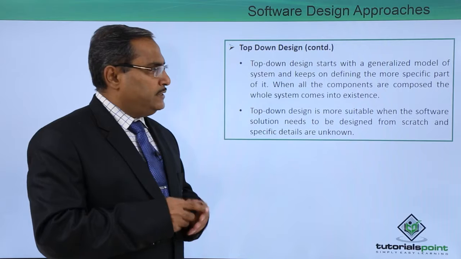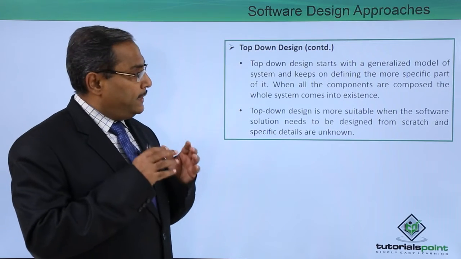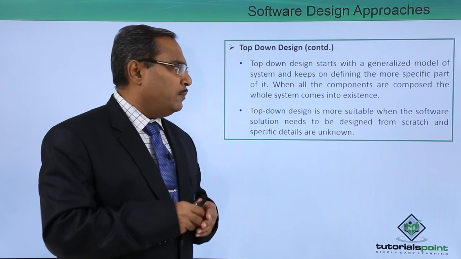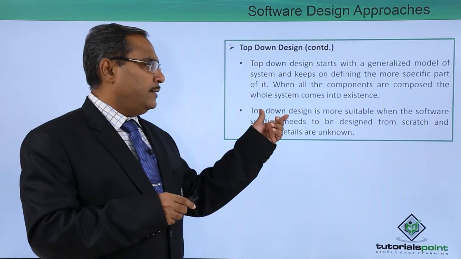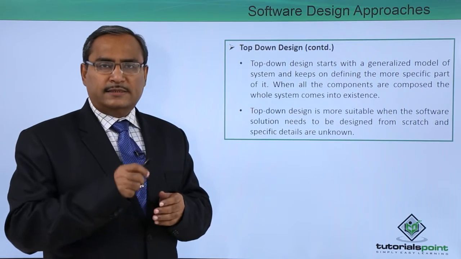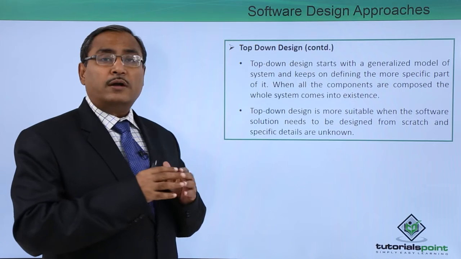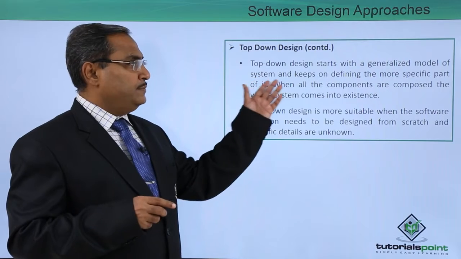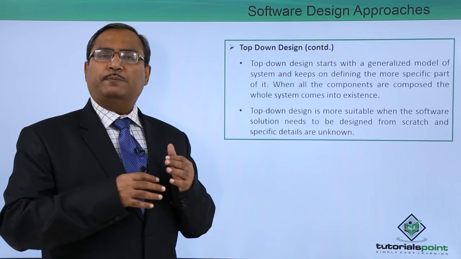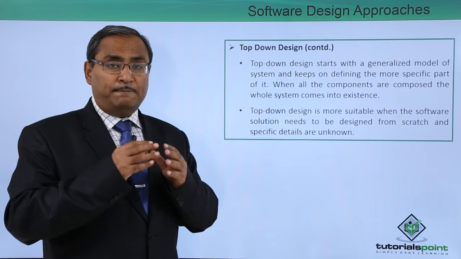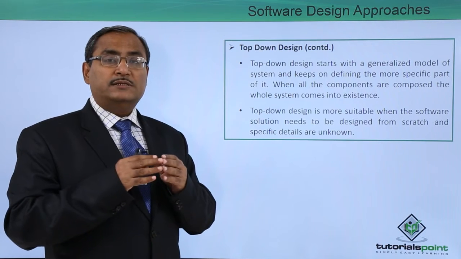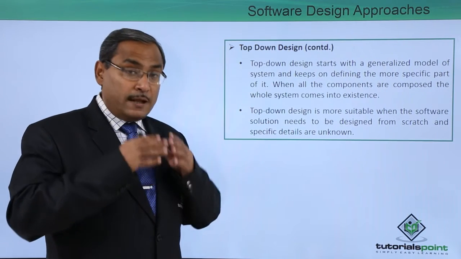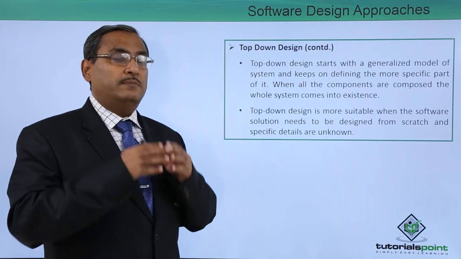Top-down design starts with a generalized model of the system and keeps on defining more specific parts of it. When all the components are composed, the whole system comes into existence. This indicates how far you should go with such subdivisions: if we find that a particular subsystem consists of more than one part, or multiple different parts, then we can think of going for further bifurcations.